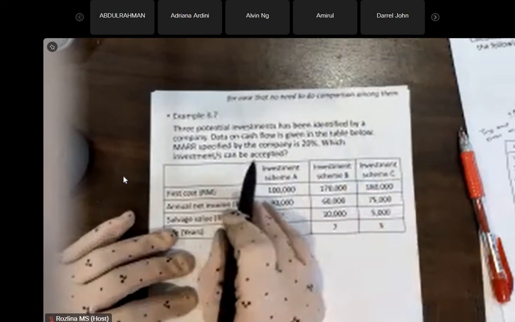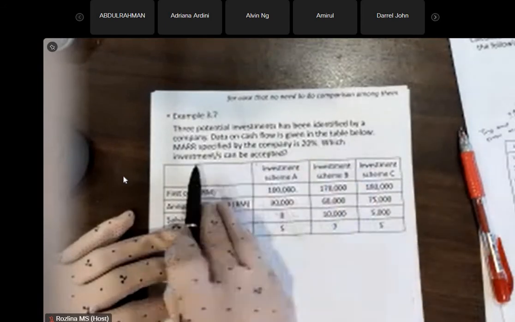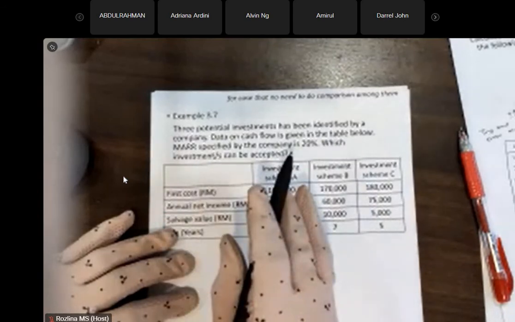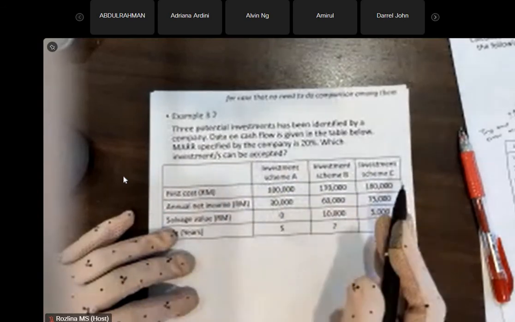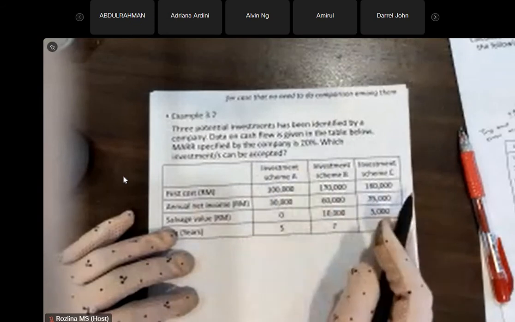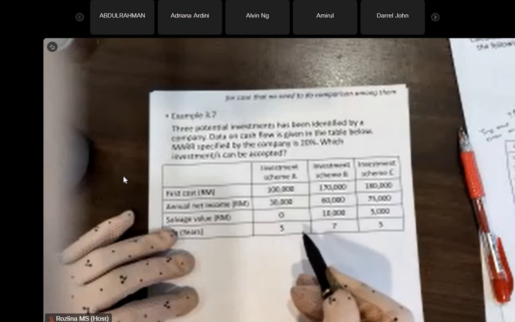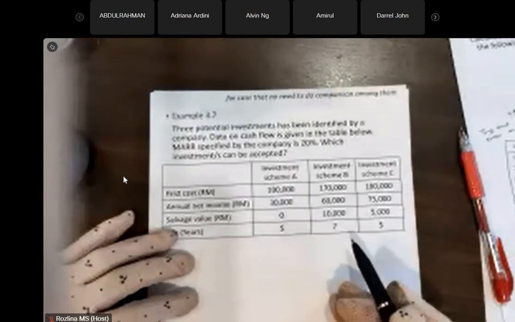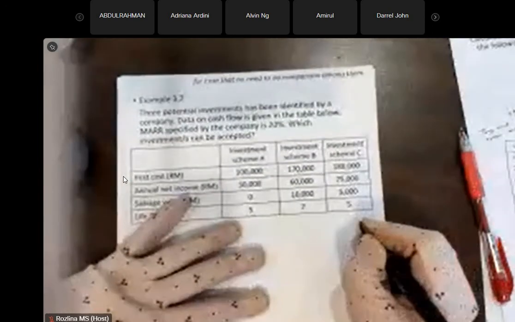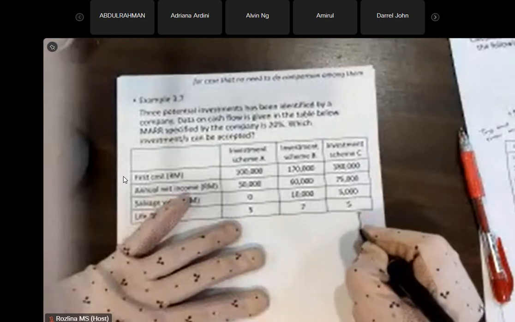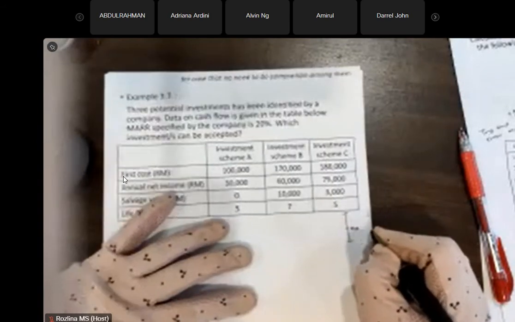That means it is not to compete or compare to each other, but you just refer to which one has the positive value. Why the positive value? Because you want to refer to the MARR.